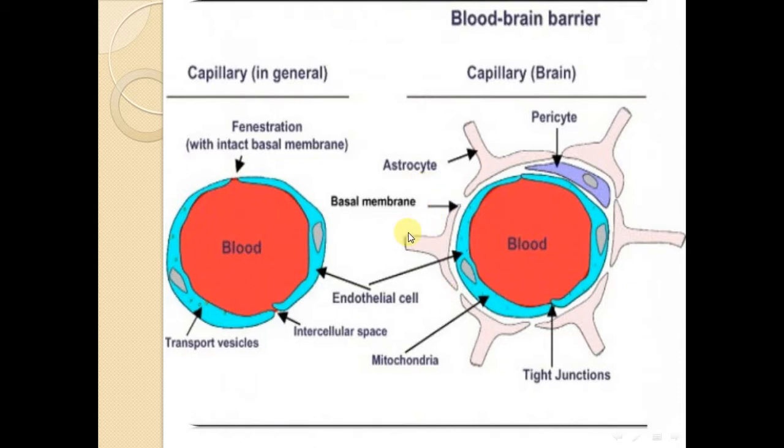While here we have one layer with tight junctions between the endothelial cells, which means that not any substance can cross into the blood system of the brain unless it matches specific criteria.